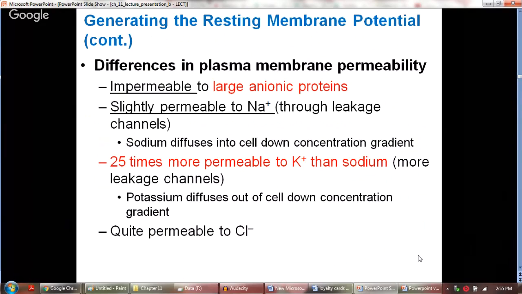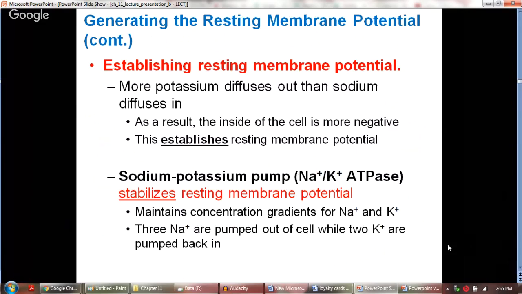However, potassium is 25 times more permeable than sodium, and therefore the potassium diffuses out of the cell down the concentration gradient. The plasma membrane is also quite permeable to chloride ions, and that balances the differences.